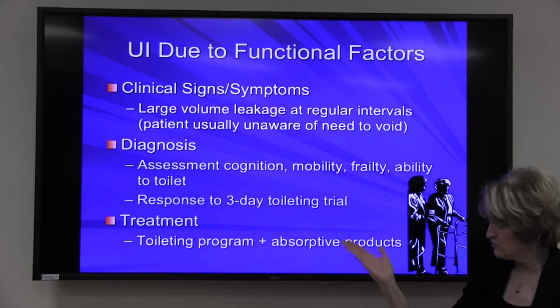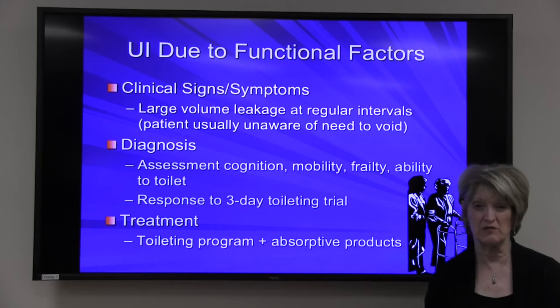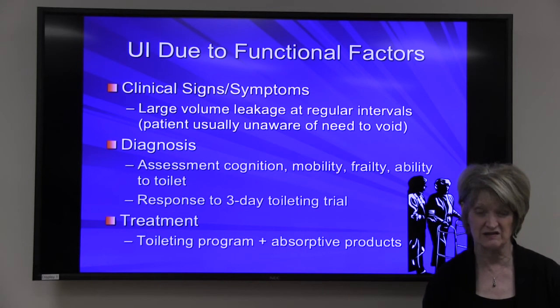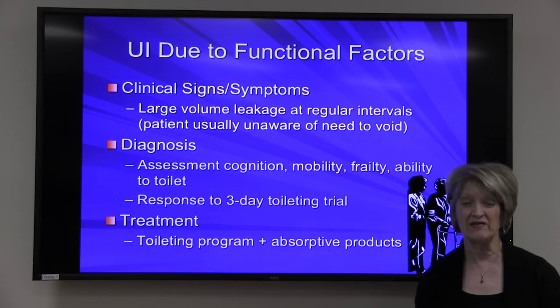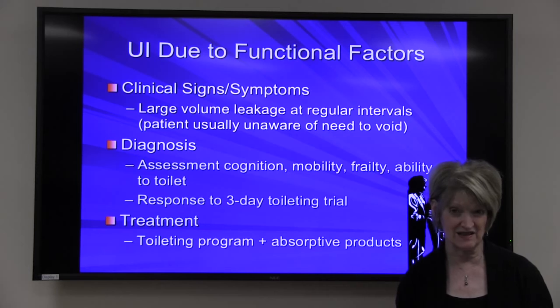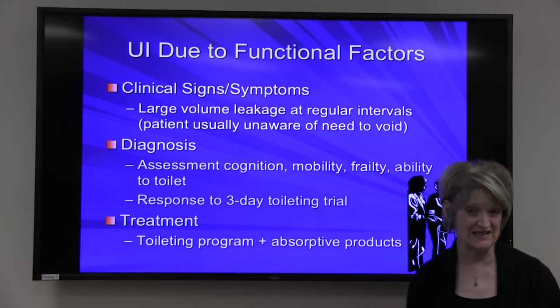You, as we have already said, document cognitive status, document mobility status, document their overall functional status, level of frailty, and their ability to toilet. Can they toilet with assistance? Can they toilet with reminders? How much assistance does it take?